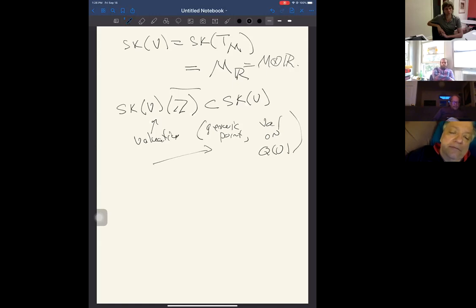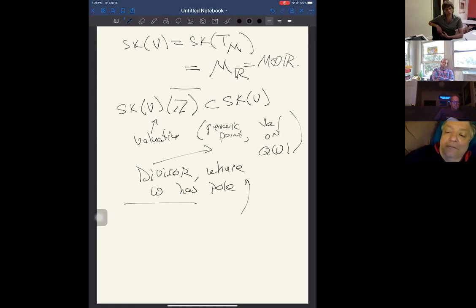These are the ones given by a divisor in some model where omega has a pole. That's what the primitive things are, and then you can multiply in this world.